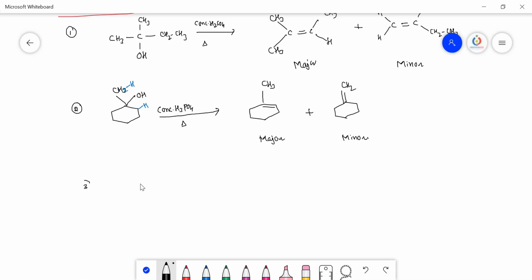I'm taking all the E1 examples initially. Later we shall discuss the E2 examples. So concentrated H2SO4. You might have observed that I'm using only concentrated H2SO4 and H3PO4. Generally for lecturers it is easy to use. They forget about the KHSO4, but it has its own importance that you should not forget. So this is the major one.